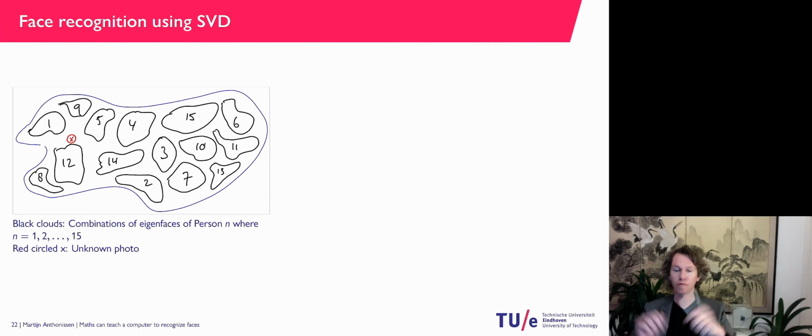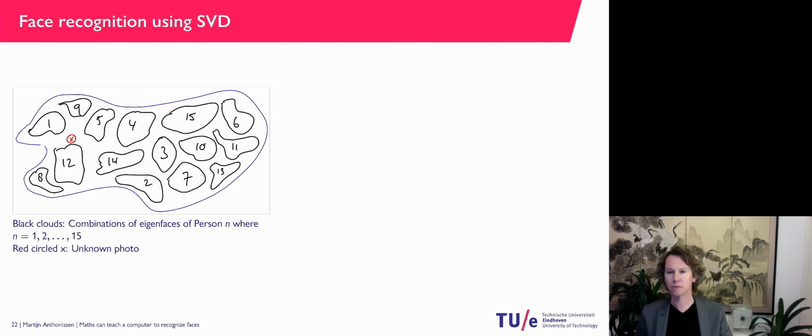I grab all the photos in the known training set from person 4, put them in a matrix, compute singular value decomposition, look at the U matrix and take the first 3 columns. I can form all linear combinations of them, that's a vector space, and this subspace here is what I mean with this cloud.